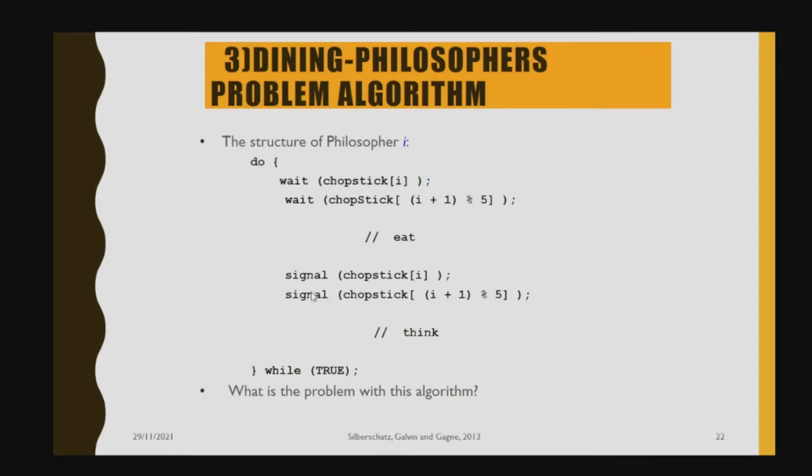And then signal(chopstick), and after that, think. Eat, think, eat, think. So this is the analogy. You can eat, then you release it, then you can think. And then after that, you can eat again, and then you can think. So these are the structures.